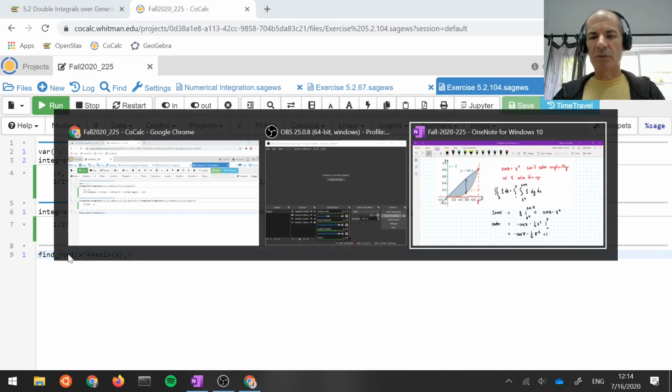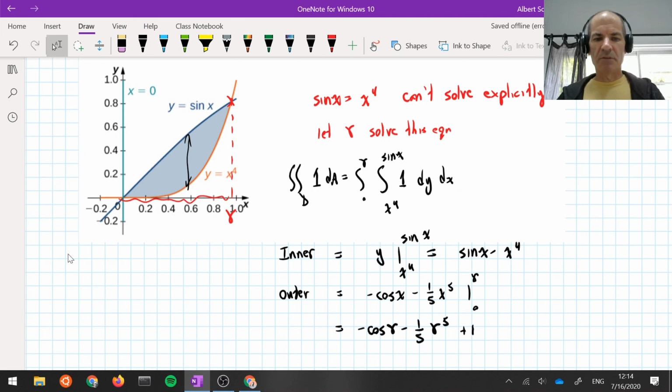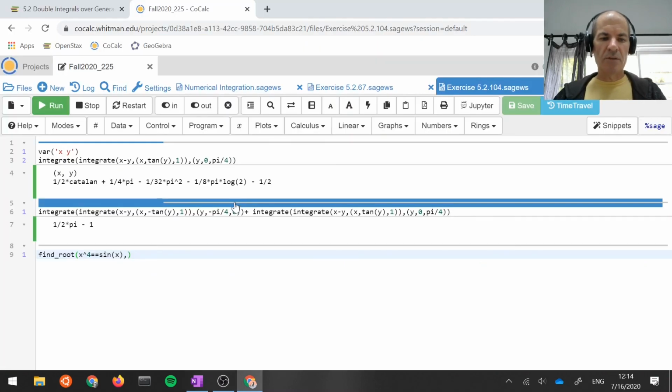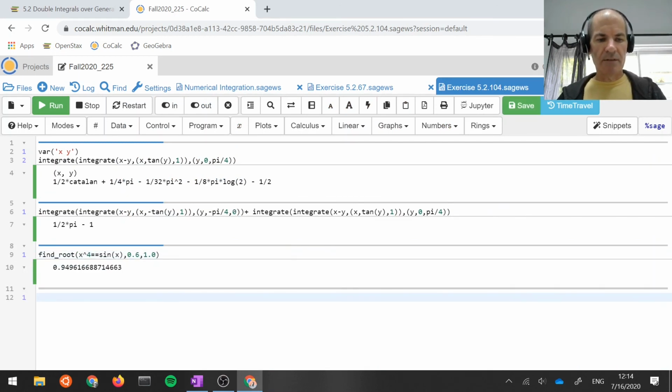All numerical solvers need that extra bit of information. Looking at the graph, it looks like this solution is between, say, 0.6 and 1. So I'll give it that lower 0.6 and that upper 1. And we get something that looks pretty much in agreement with what we thought. Let's call this gamma.